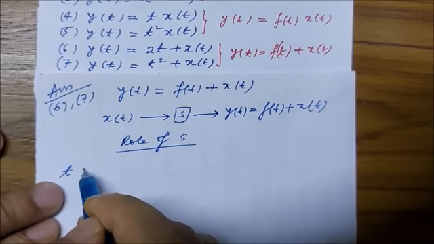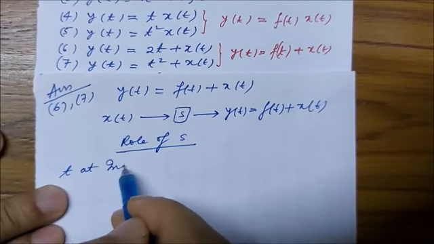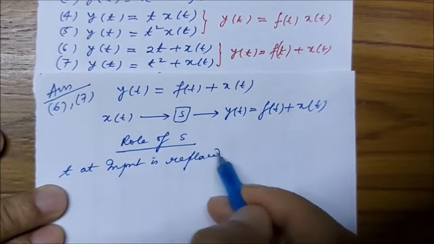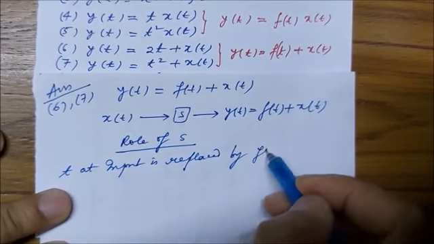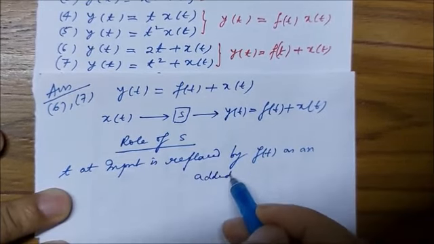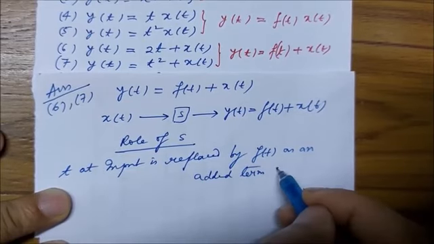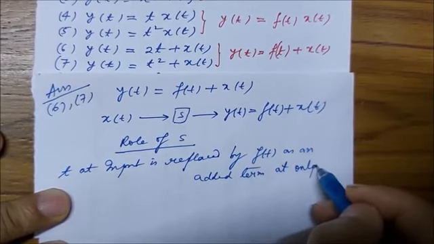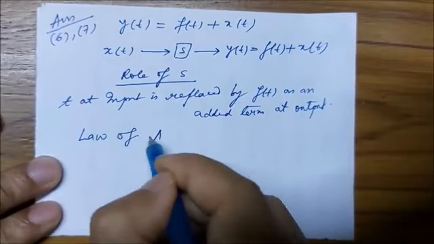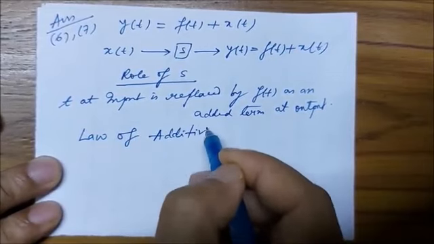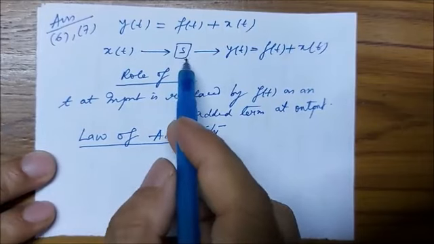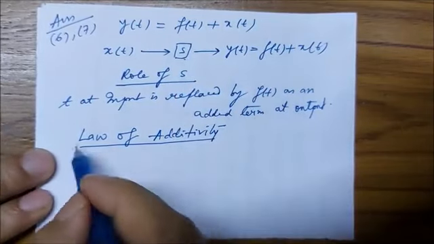So t at input is replaced by f of t as an added term at output. Let us now discuss the law of additivity, whether it is obeyed by the system S whose response is of this pattern.